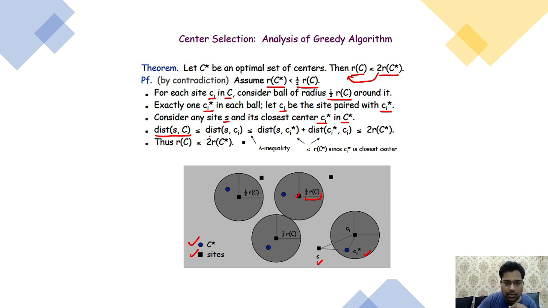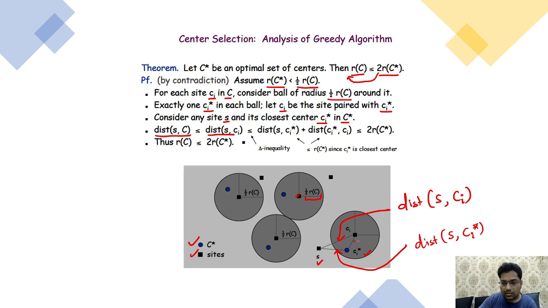Clear? So whenever we find it, as per the triangle inequality, the distance between S and Ci is at most the distance S with Ci star plus the distance Ci star with Ci.